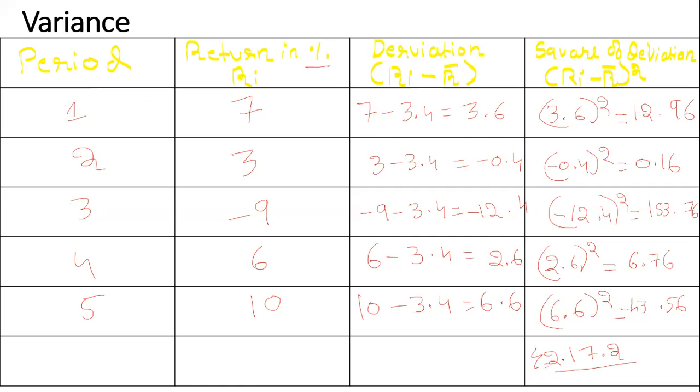Now this is the variance calculation. The total summation of the square deviation we got is 217.2. So let's calculate the standard deviation.